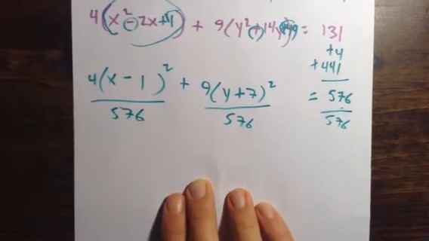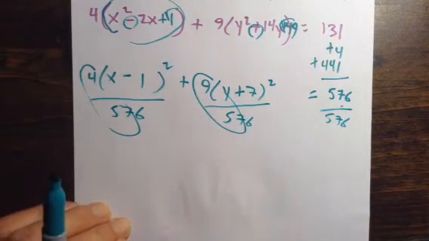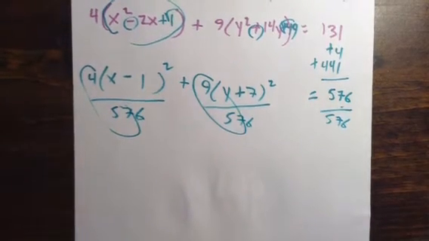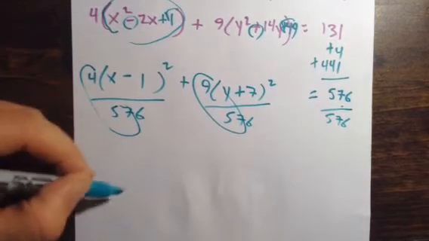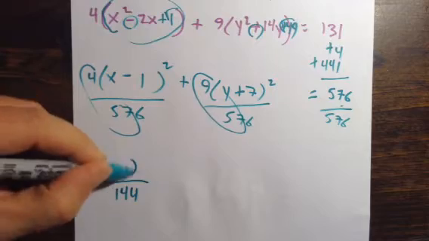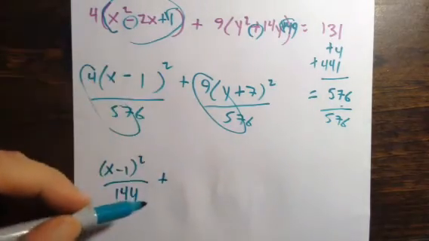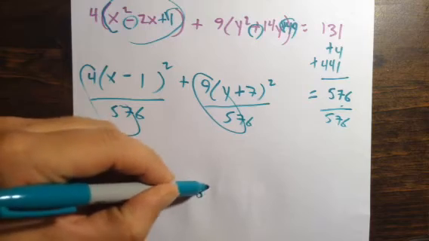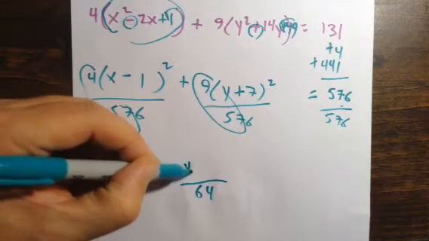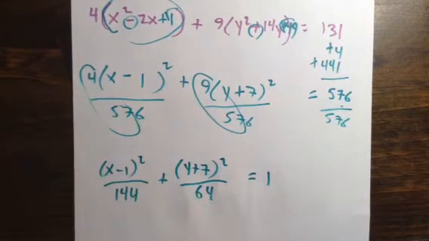I'm now just going to divide out these, and hopefully that simplifies. So 4 over 576, I believe, reduces to 144. I believe 9 over 576 reduces to 64. And that is equal to 1.